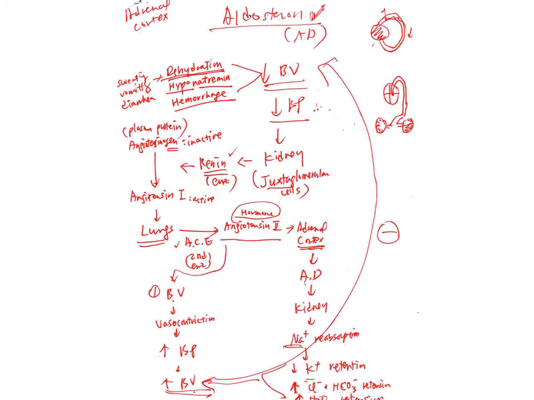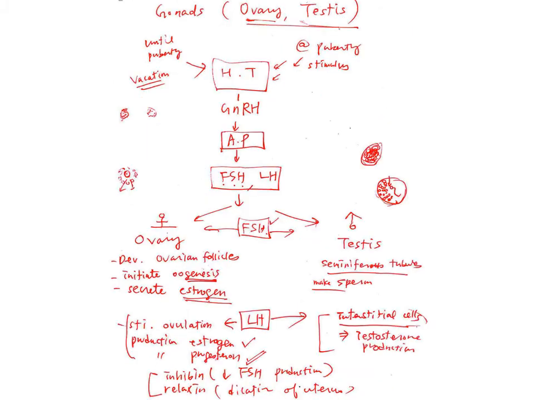One, blood vessel constriction, so that blood pressure goes up, and then through the adrenal cortex it secretes aldosterone so that it can work on the kidney to retain sodium and secrete potassium, and therefore blood volume can go up, so it can restore blood pressure.